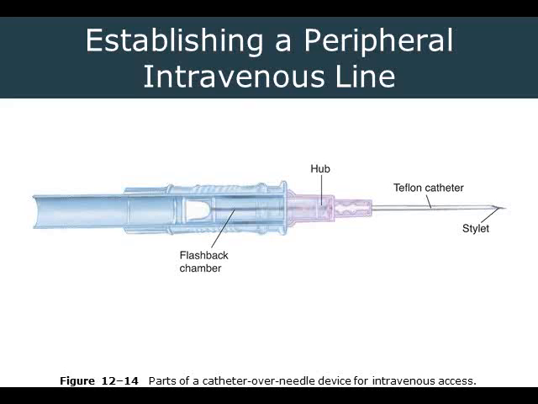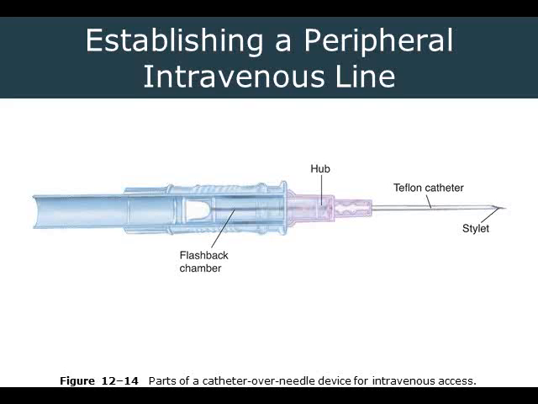From looking at this picture, we have the flashback chamber and the hub, the catheter, and what you see is called the stylet. They don't do a very good job of differentiating there, but that stylet is the needle that is within a plastic or Teflon tube, which is the catheter.